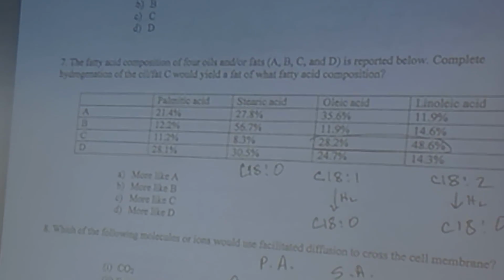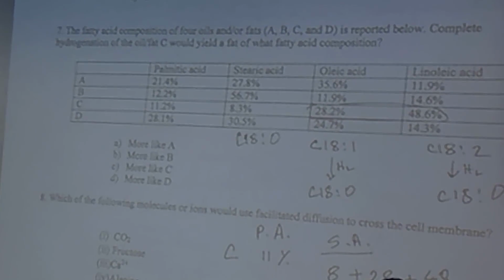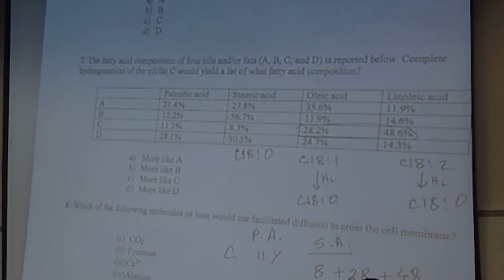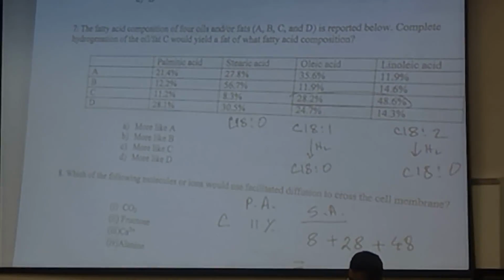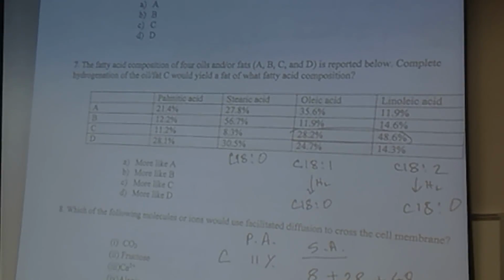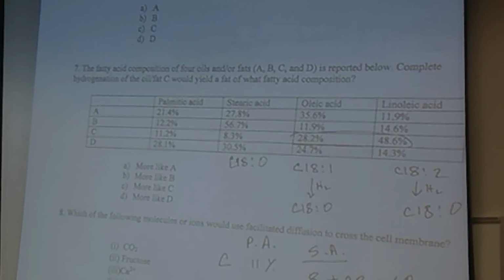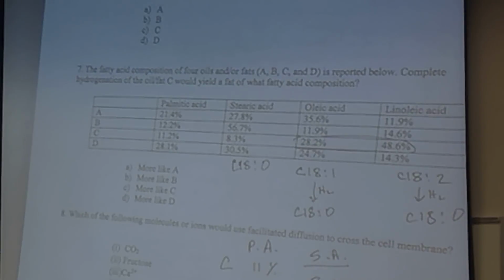So in total, how much stearic acid do we have after the hydrogenation in the fat C? If you add them together, it is 84%.